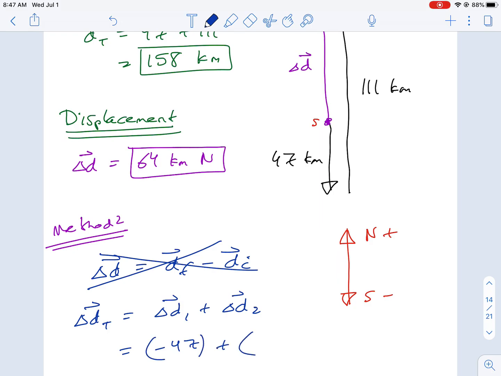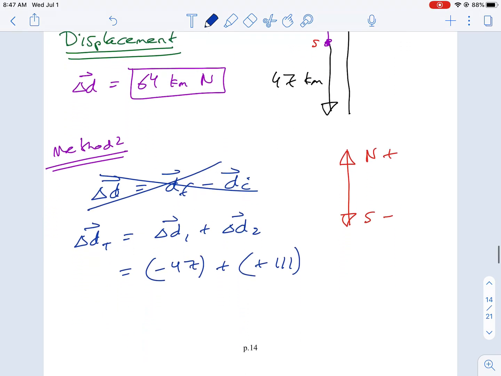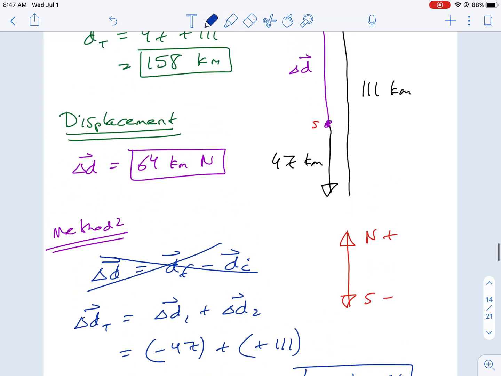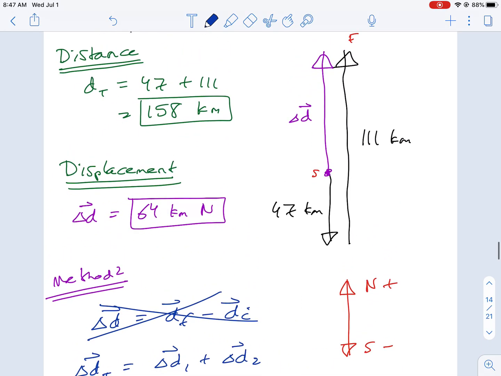And delta D2 is positive 111, which gives us an answer of positive 64. And you can see that it will be 64 kilometers north. Okay, this is an excellence level method. You're not required to use it. You could also just use start to finish.